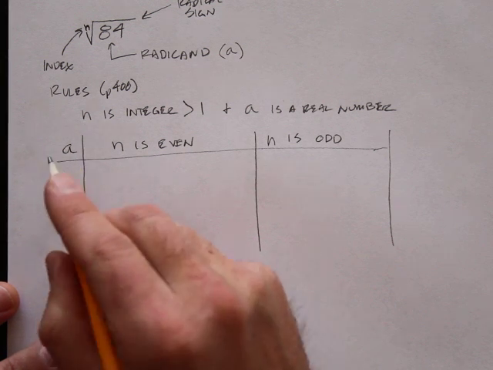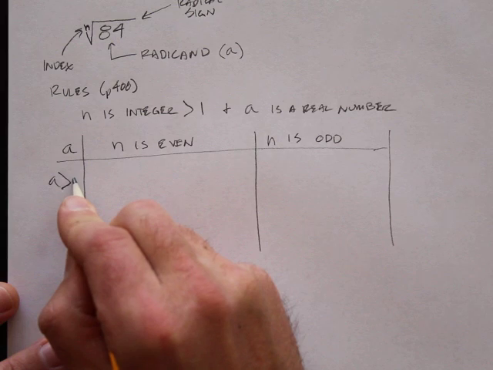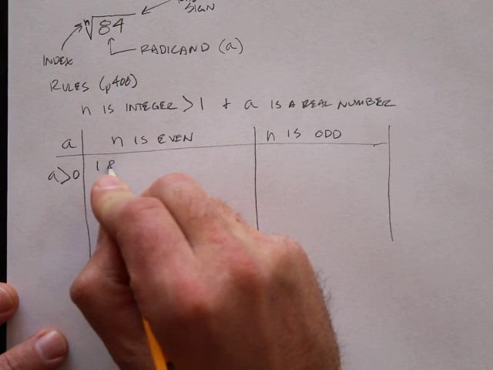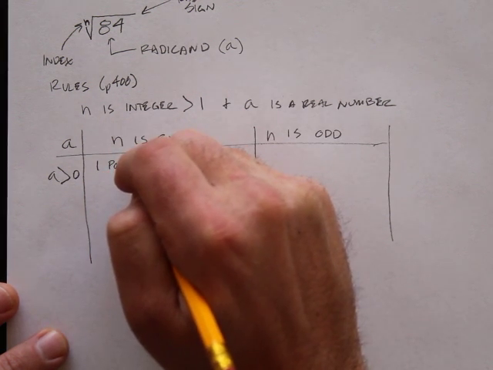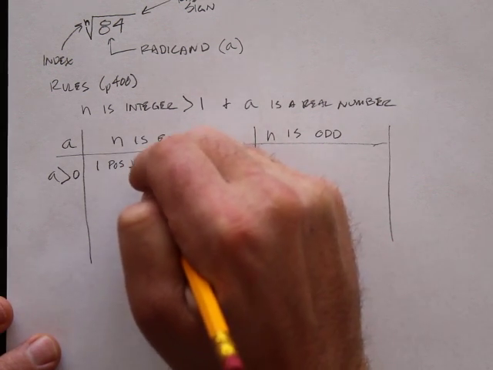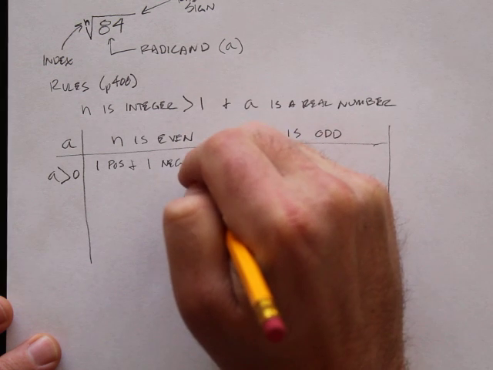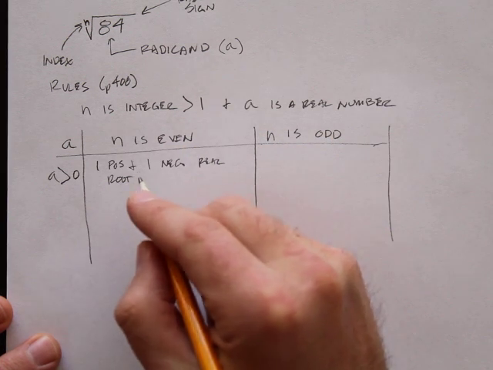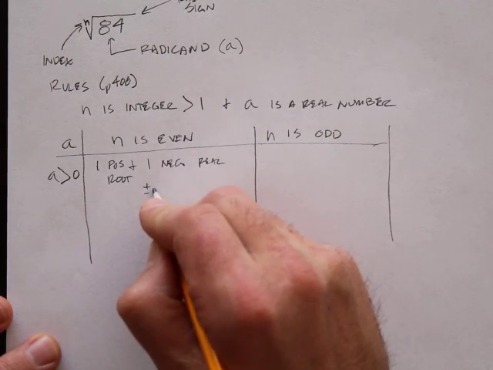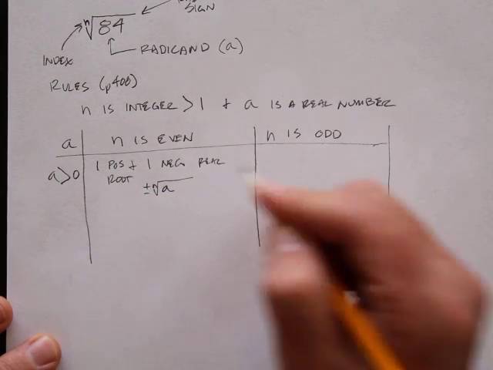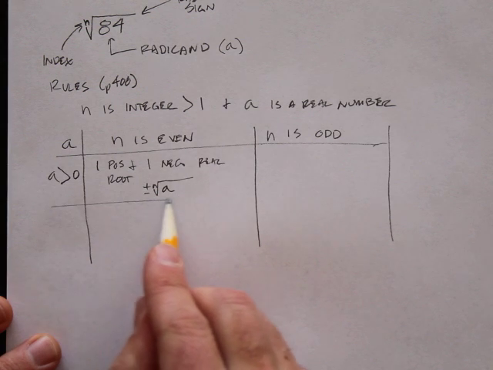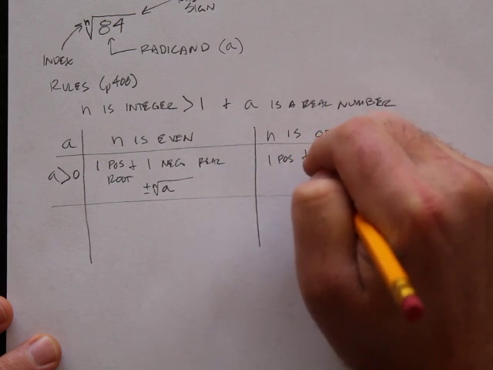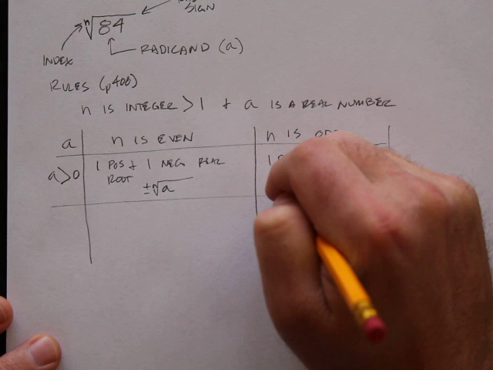If A is greater than 0, then you're going to have one positive and one negative real root, and it's going to look like plus or minus the nth root of A. If N is odd, you're going to have one positive and 0 negative real roots.